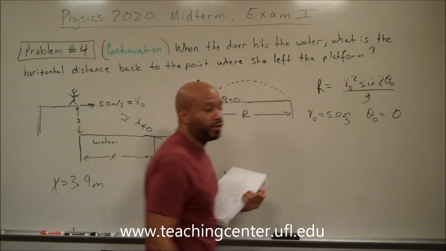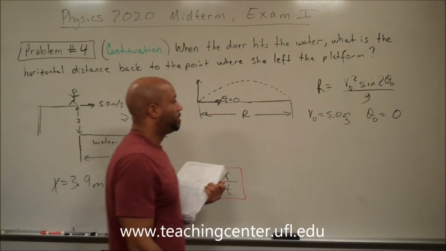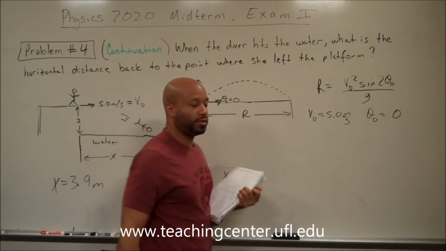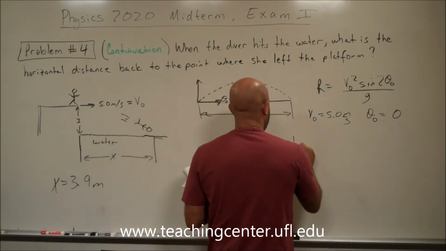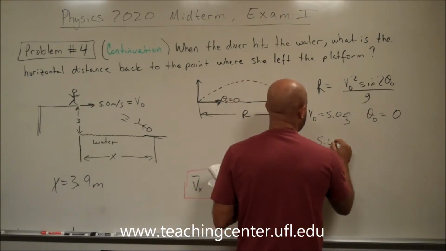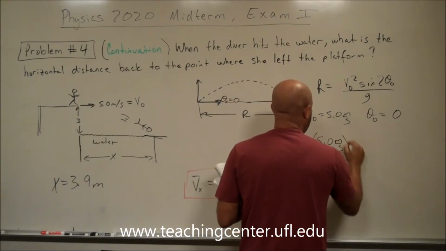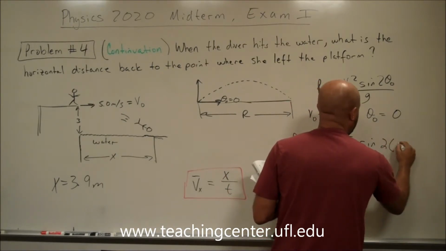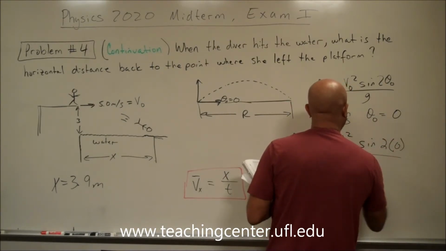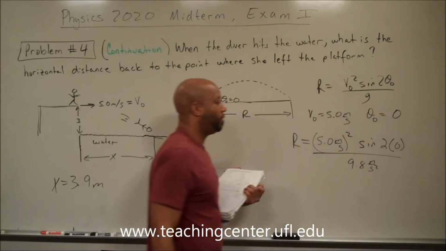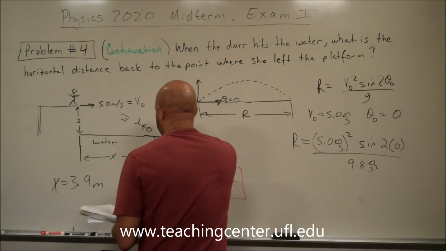And we know gravity, which is 9.8 meters per second squared. So if we just substituted in this information for the range, we should get the answer, right? So if we put in 5.0 meters per second, we need to square that, and then we take the sine of 2 times 0 and divide that by 9.8 meters per second squared. Do we get 3.9 meters?